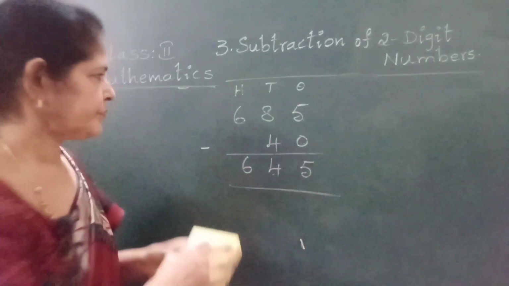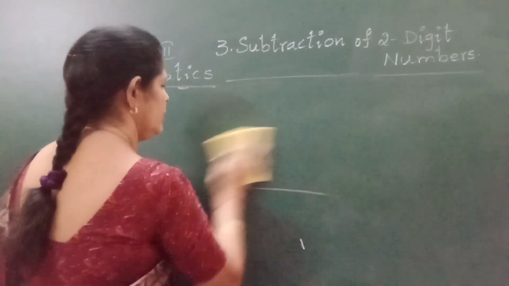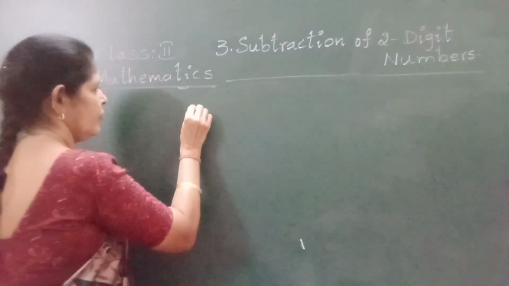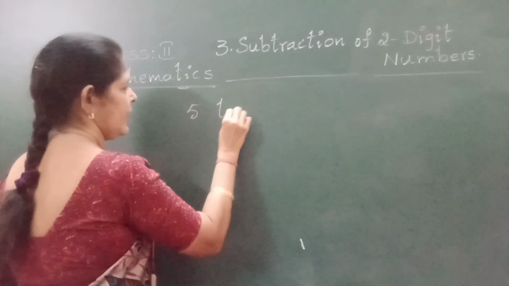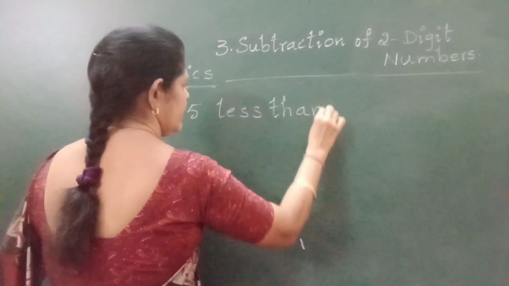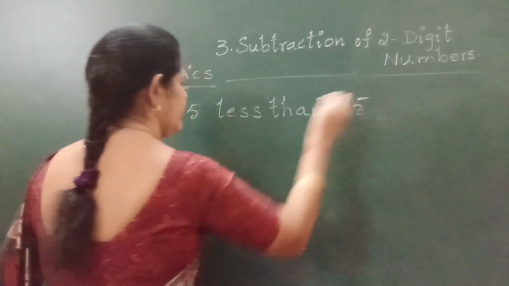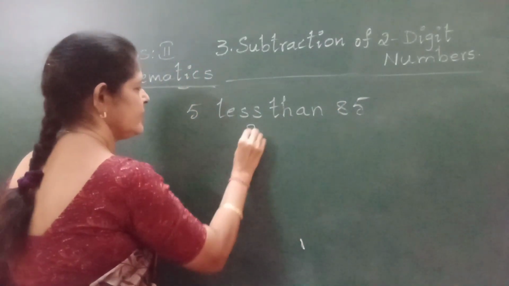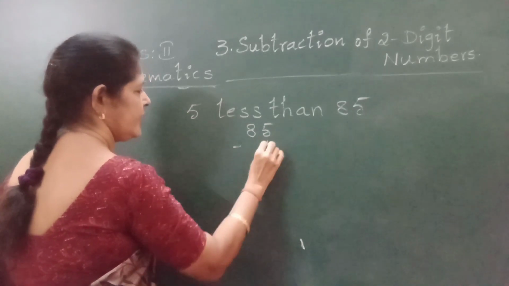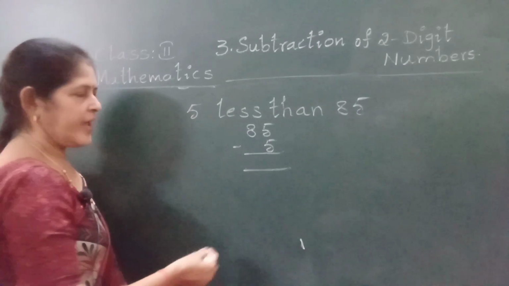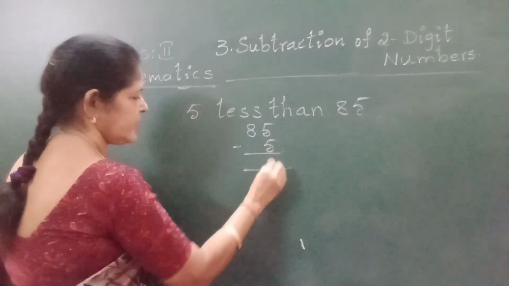Another one. 5 less than 85 means 85 minus 5. 85 minus 5. 5 minus 5 is 0.